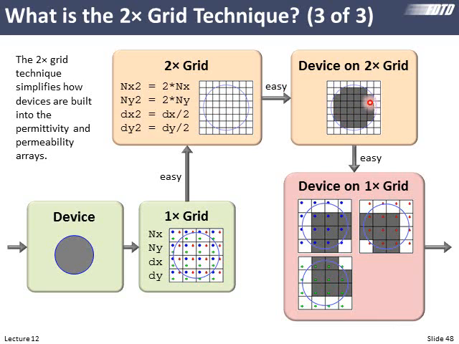And then once we have that, we just pick the material properties off to form these 1D arrays. And you'll see it's one line of MATLAB code for each of these arrays that we need. And so all of these steps are in fact very easy. Going straight from here to the device on the 1x grid, that's very difficult. But instead we go in easier steps this way by using this thing called a 2x grid.